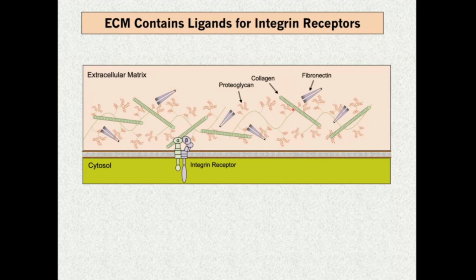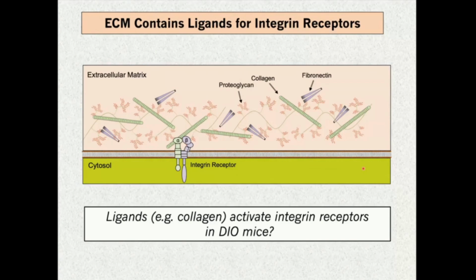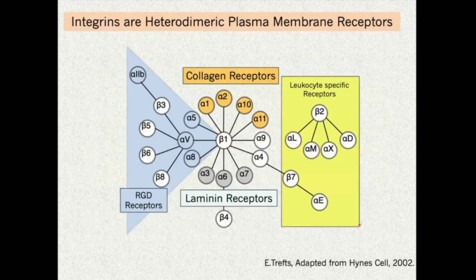They're ligands for what are called integrin receptors on the cell surface. And every cell expresses integrin receptors. And our question is, do ligands activate integrin receptors in DIO mice, thereby contributing to insulin resistance?